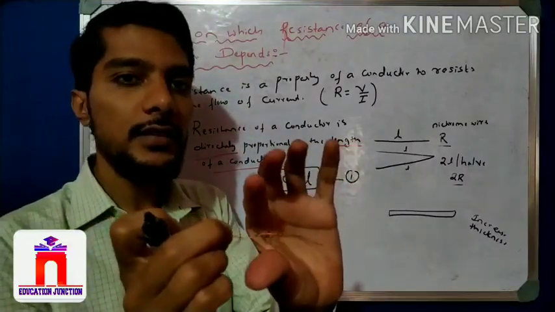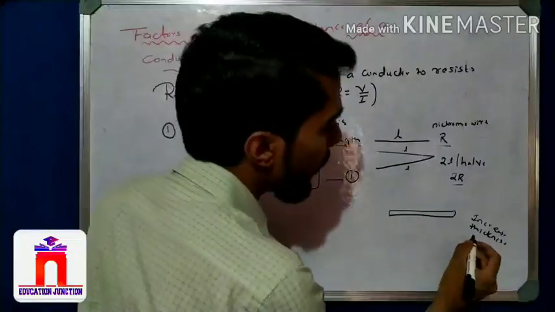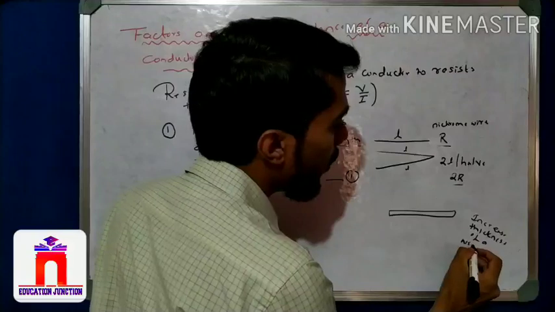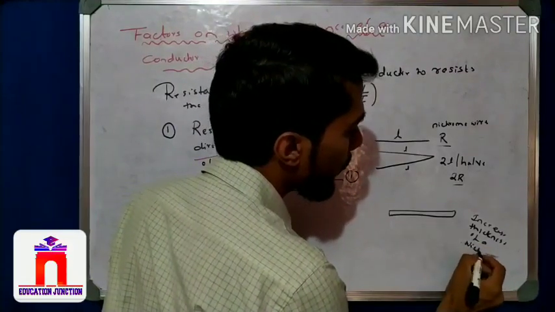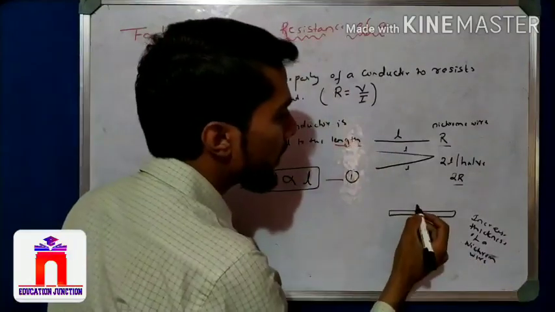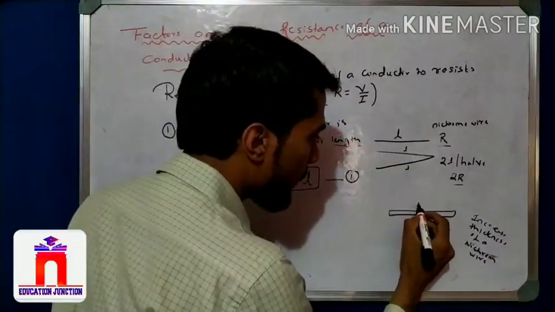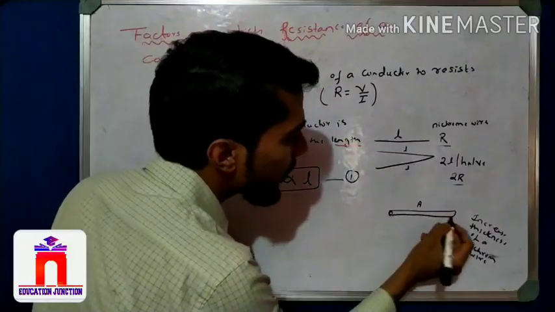If we increase the thickness, the width increases. Thickness means it is area. How much this thickness is there, that is the area.